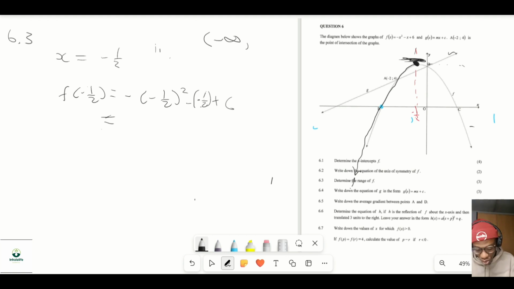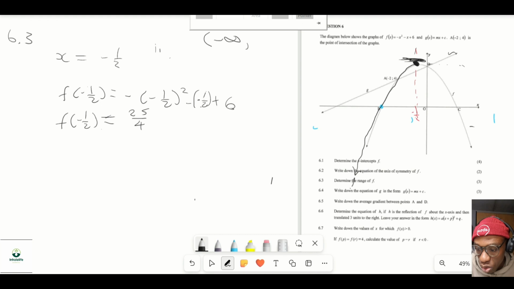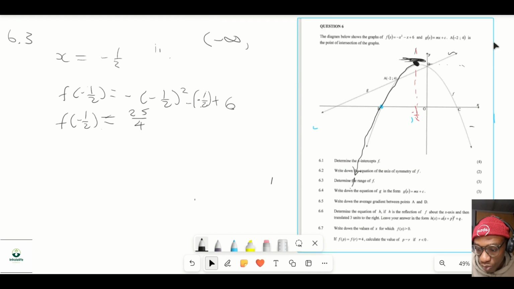So you're just going to put that into a calculator: negative 1 over 2 squared, negative 1 over 2, plus 6. Okay, cool. So in this case, we're going to get 25 over 4.